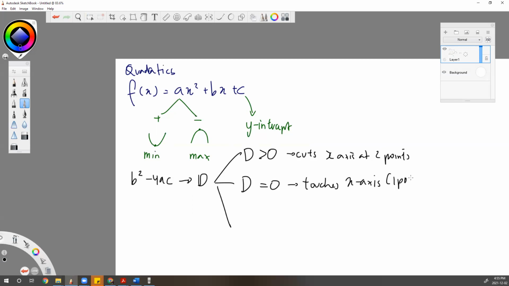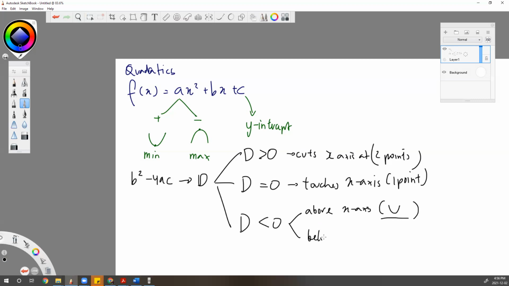Okay. When d is less than 0, it does not touch the x-axis. Wait, what do I mean by fly or sink? Okay, I think it can be above x-axis. Smile, there you go, right?